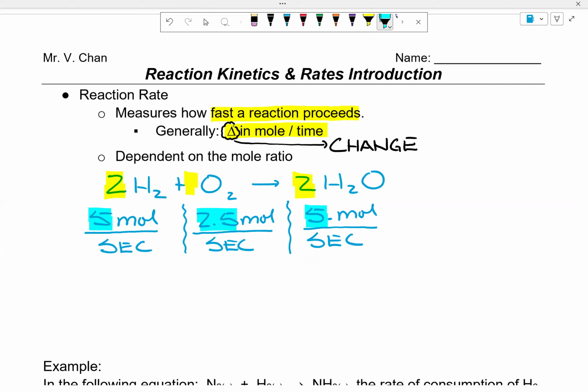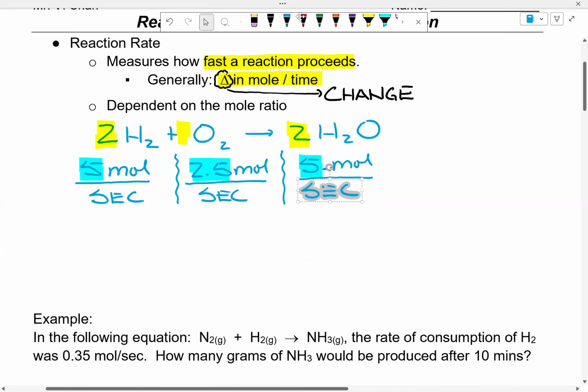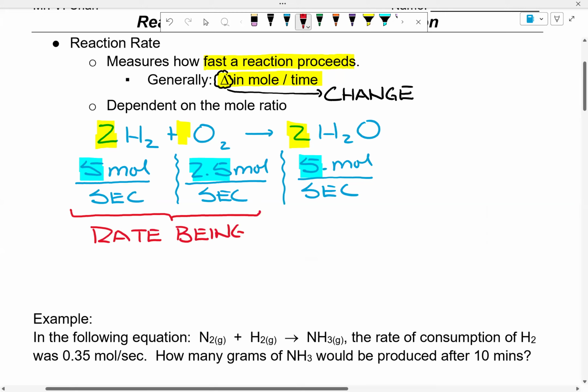Why did I choose 5 moles? It was just an arbitrary number that I chose. Not only do you need to be aware of the mole ratio for reaction rates, but you should also be aware that the products and reactants are opposite. So I could say that this side, the reactants, is the rate being used up.